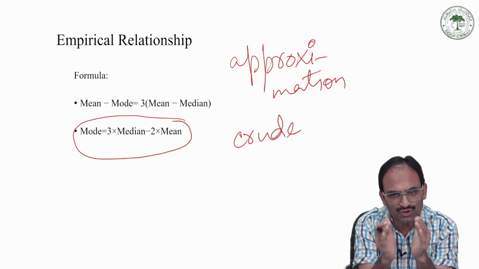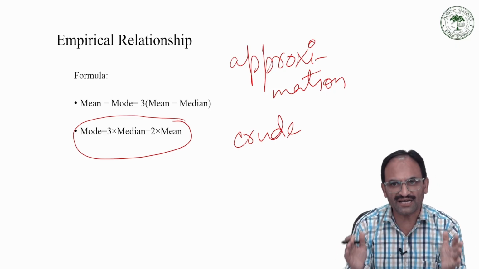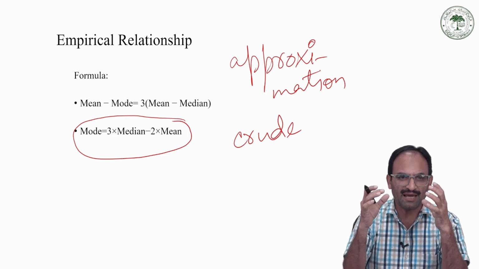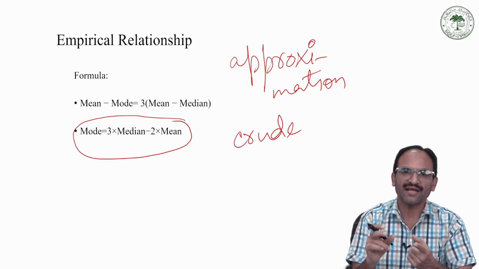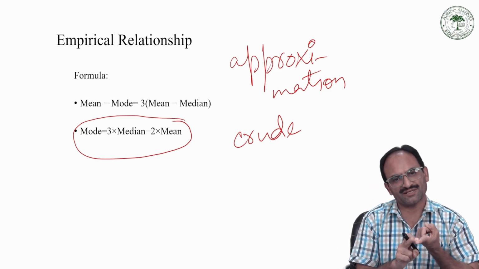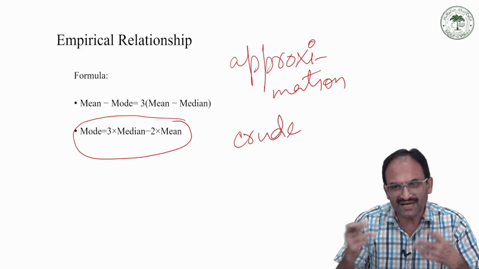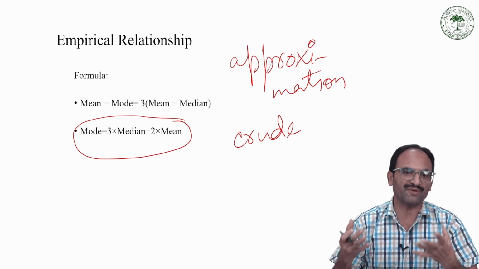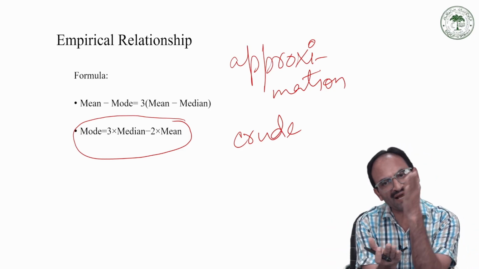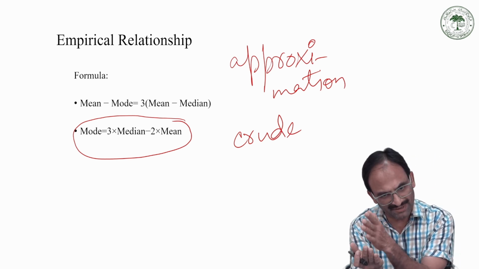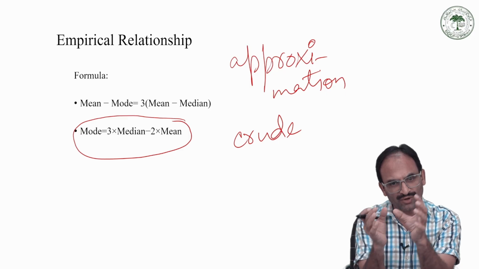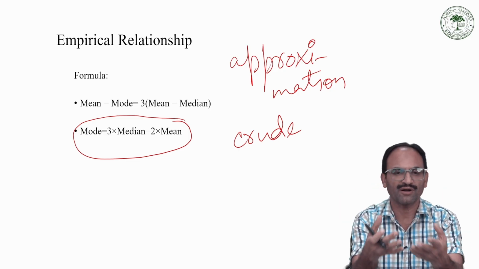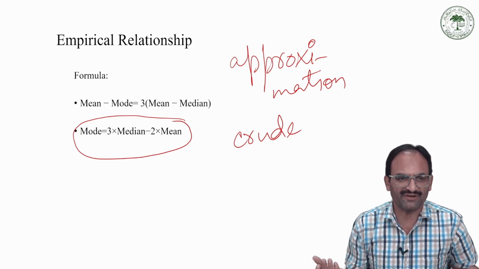After studying so many distributions, finally we have approximated a certain kind of relationship among mean, median and mode, that if we know the mean and the median of that particular distribution, then we can somehow predict what the mode will be by this formula. Multiply the median by 3, multiply the mean by 2, and subtract what you get by multiplying the mean from what you have got by multiplying 3 to the median, and in that way you will get the mode.